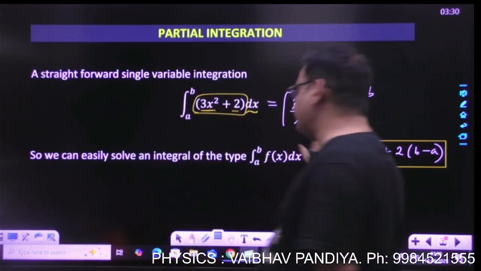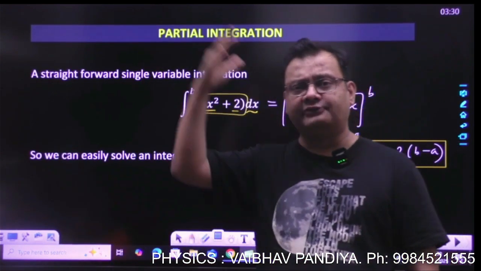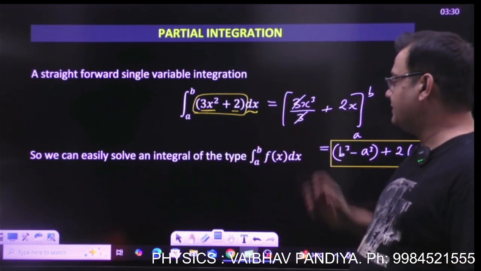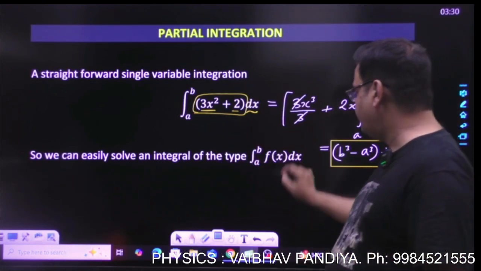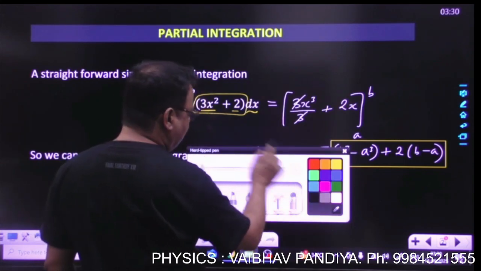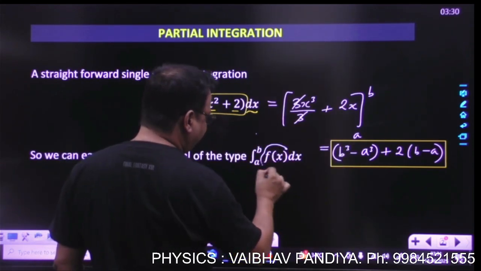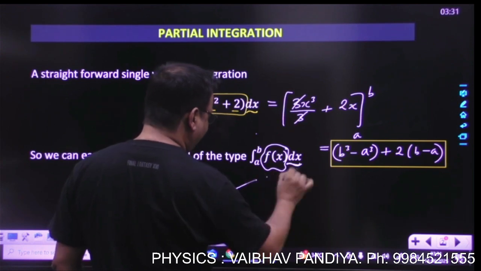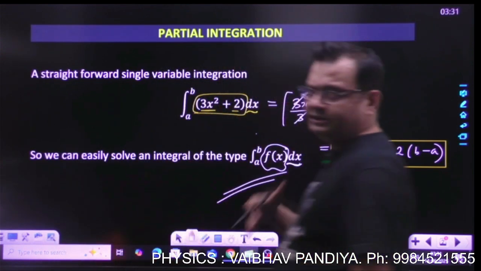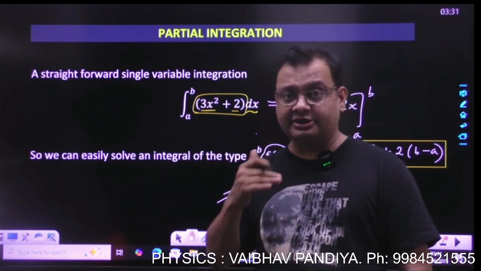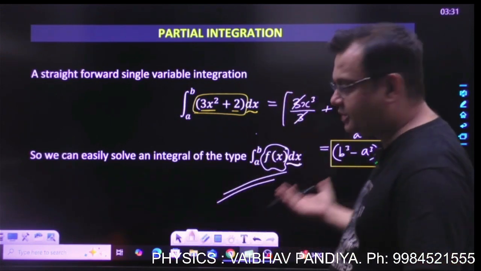So this is the very basic integral which we have covered in the fundamental lectures of integral. So we can easily solve an integral of the type when the function is of any variable. For the prototype, for the model, I am saying the function is of x, so f of x, and the variable of integration is x. So we know how to solve these integrals, and this skill for solving the basic integral is the prerequisite for understanding the present lecture.